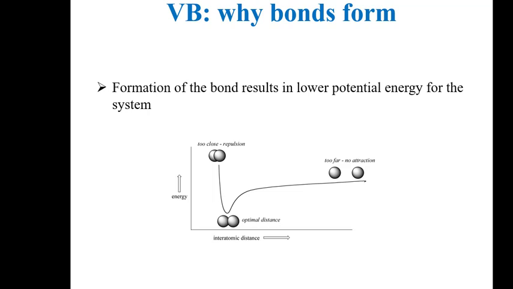So you can see when two orbitals are far apart, and you can see them on the right of the screen, there is no attraction. Then as the distance gets smaller, they reach this optimal distance, at which they stop, because if they come too close, repulsion because of the nuclei comes into play.